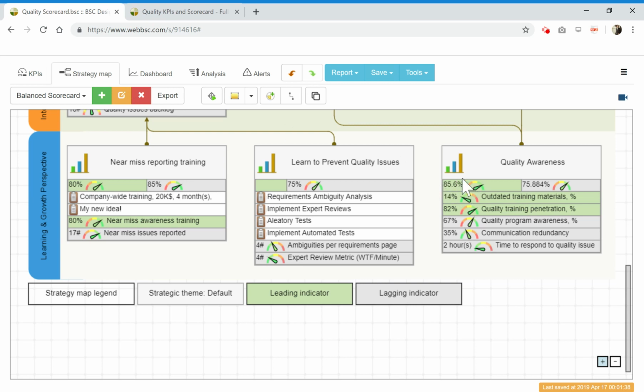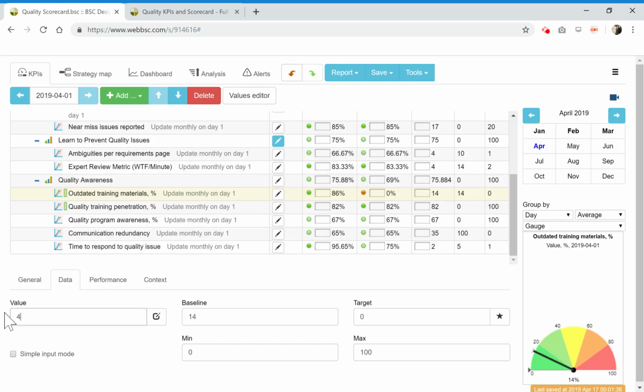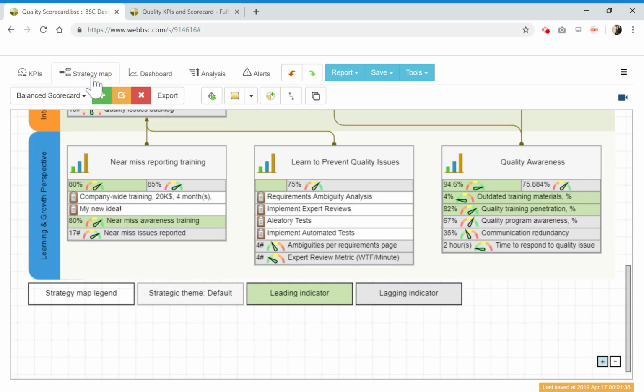The leading performance of this quality awareness goal has changed, and we see that it's reflected here. So that's the point. When the software calculates the leading performance, it takes into account the weighted average of these leading indicators, and respectively the same happens for the lagging indicators.